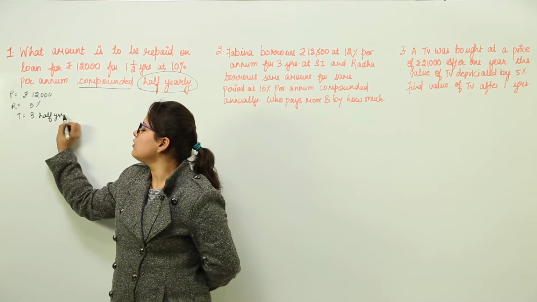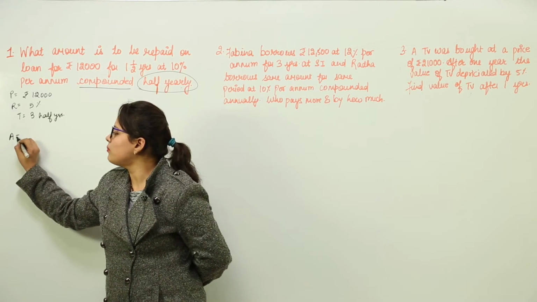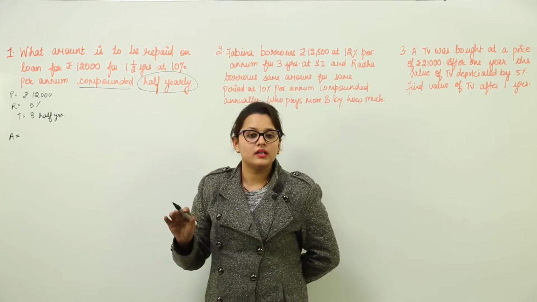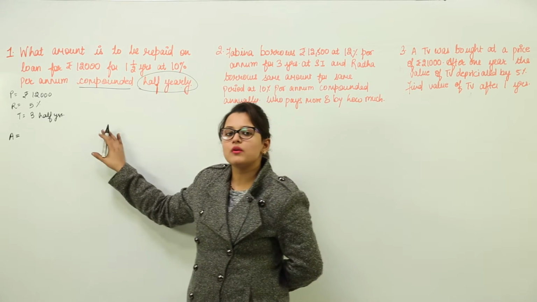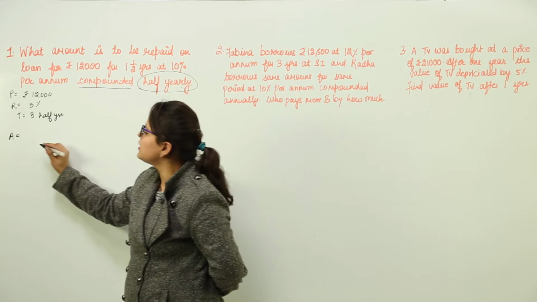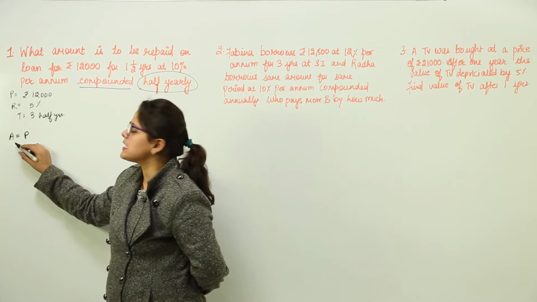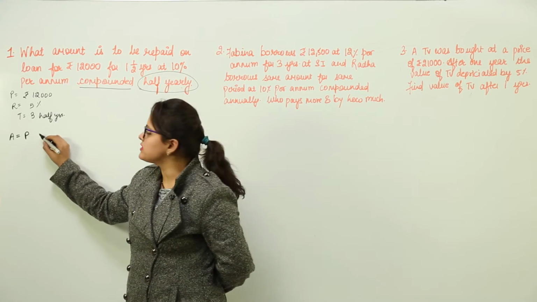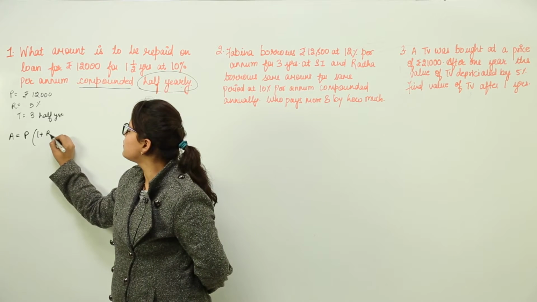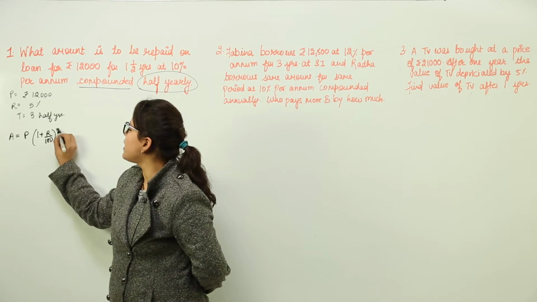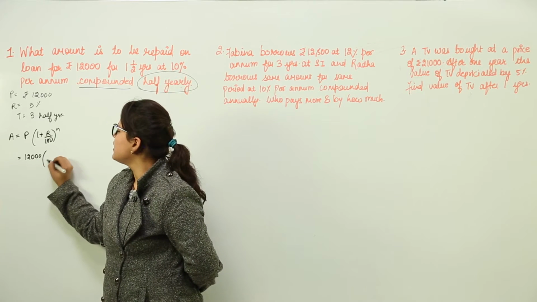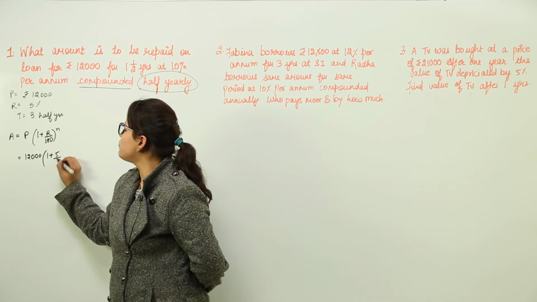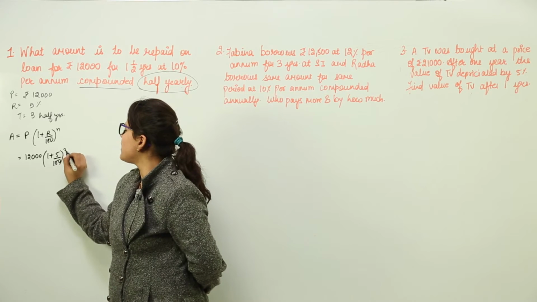Clear? Now let me introduce you to another formula for calculating the amount directly. I will be solving it both ways, but I want you to understand this formula as well. The formula says amount is equal to the principal into 1 plus rate upon 100 raised to power n. So over here the principal is 12,000 in brackets 1 plus 5 over 100 raised to power 3.